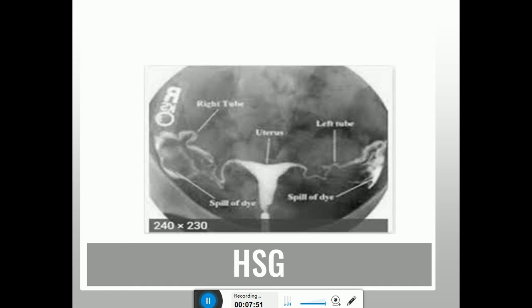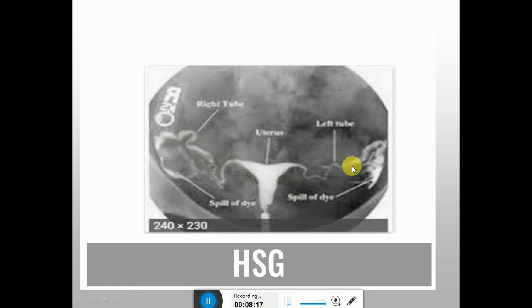It is injected through the cannula into the internal os, and from there it enters the uterine cavity.